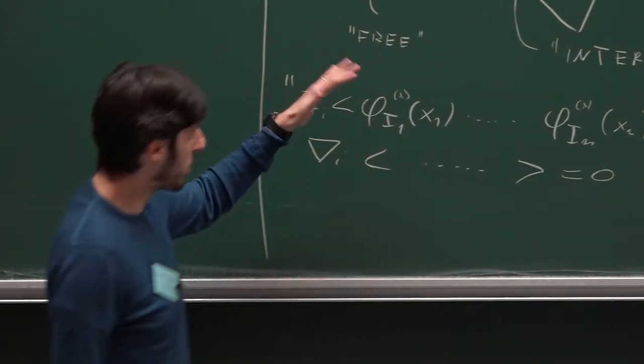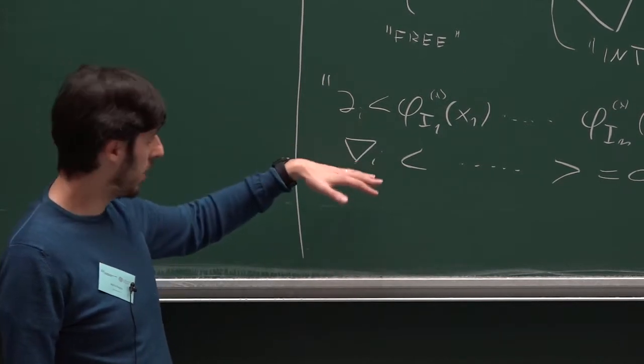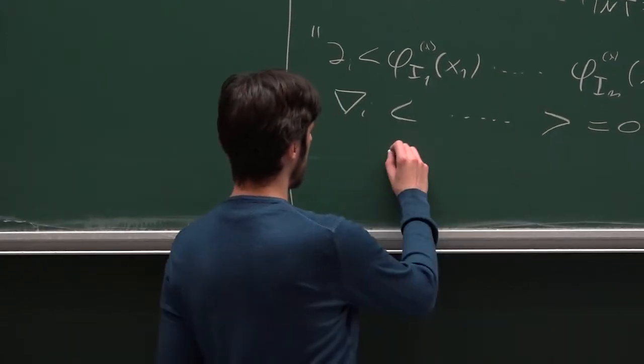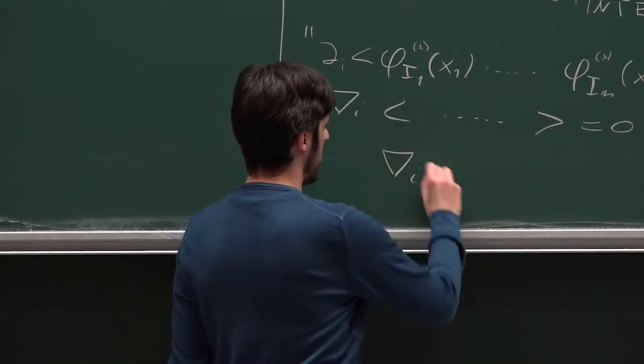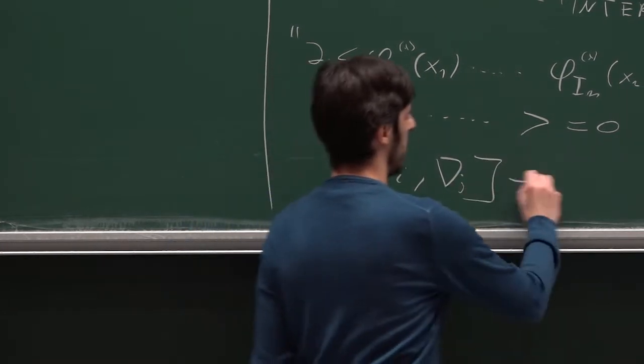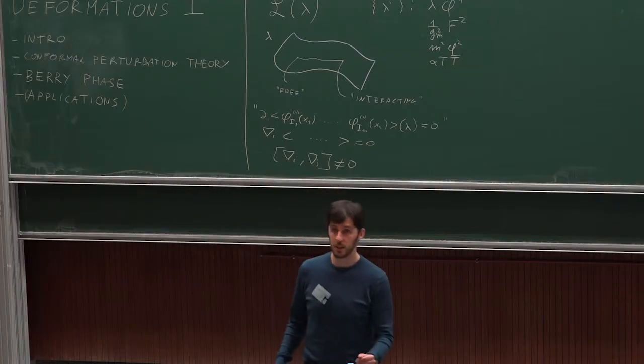And what I want to convince you is that you have to deal with this issue in quantum field theory in general. And I will do it by showing you that, in general, this connection will not commute. Okay, so that will be my goal.